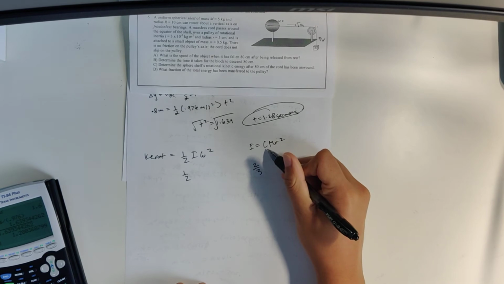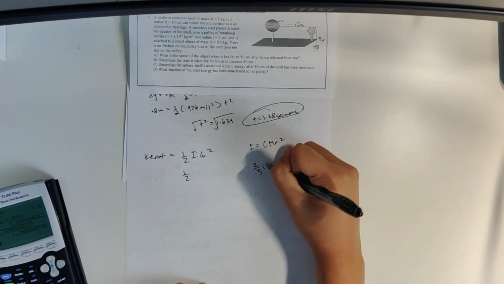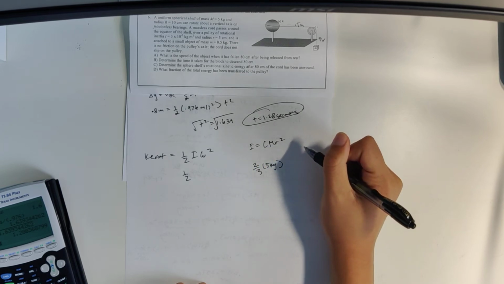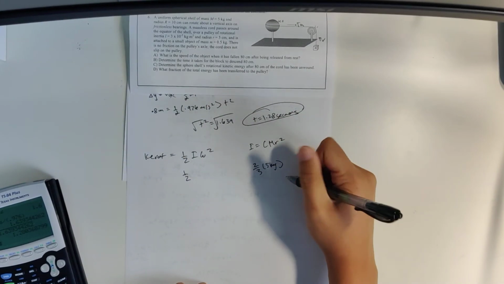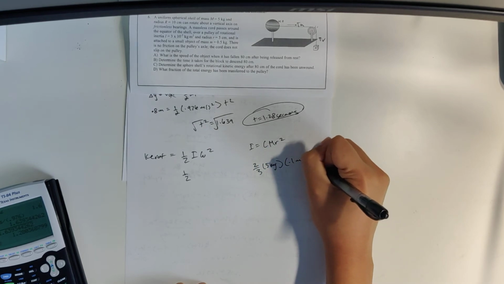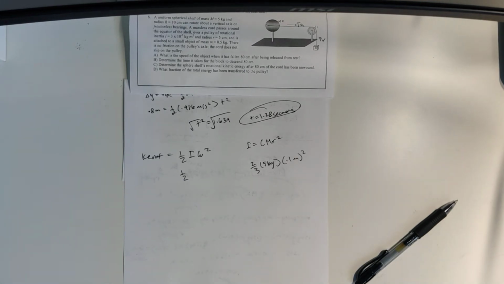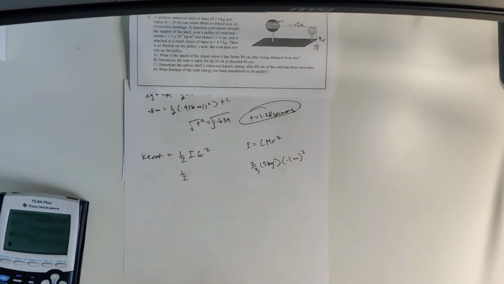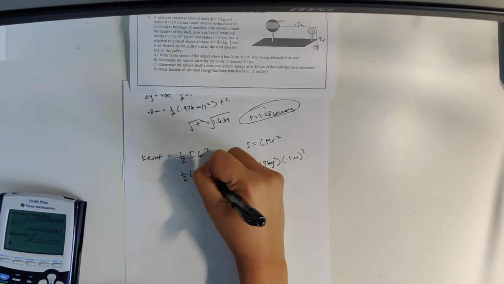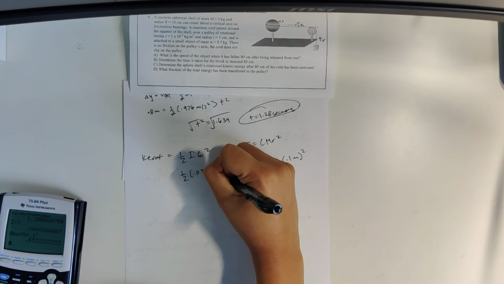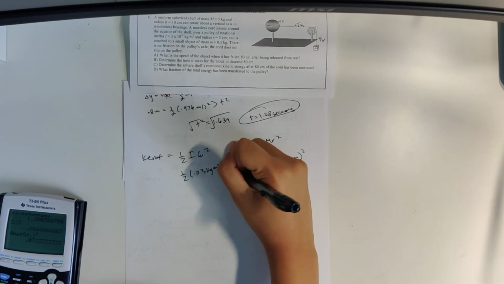So 2/3 is your coefficient. The mass would be 5 kilograms. And then the radius, it states right there, it's 10 centimeters. So 0.1 meters. And we have to square that. So let's just plug that number in real quick. Times 5 times 0.1 squared. 0.03 in there. And of course it's your I, so it's kg m squared.